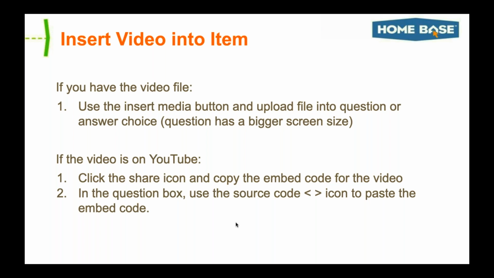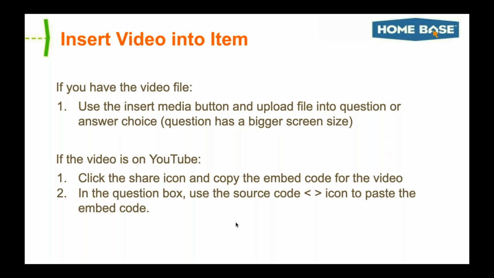So if you make your own videos, or maybe if you're a foreign language teacher and you want to make an audio recording of yourself speaking in a foreign language, you can do that and upload it directly into Schoolnet for students to answer questions about, right? And it can be any type of question. You can put a video in any type of question. So it could be a true false, could be multiple choice, could be gap match, hotspot, you name it, you can put a video in it.